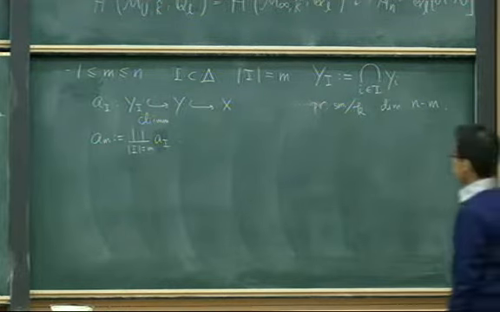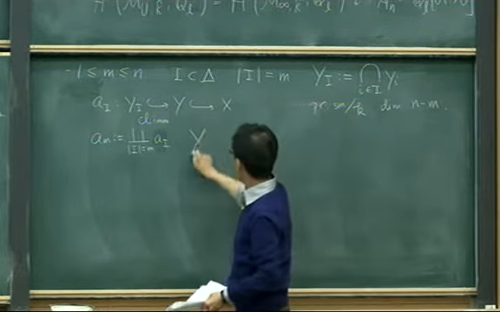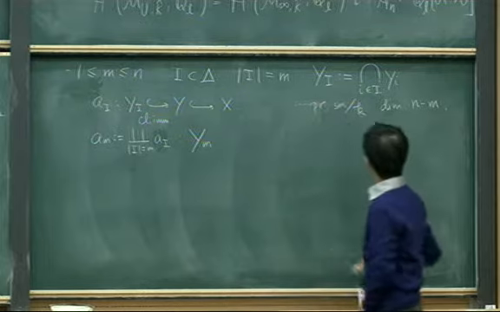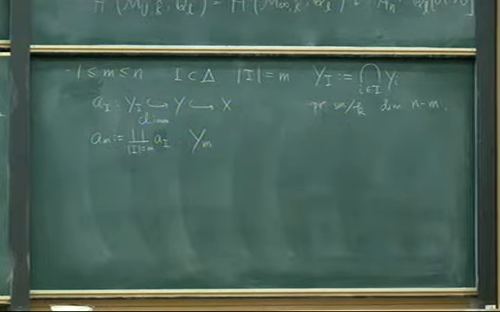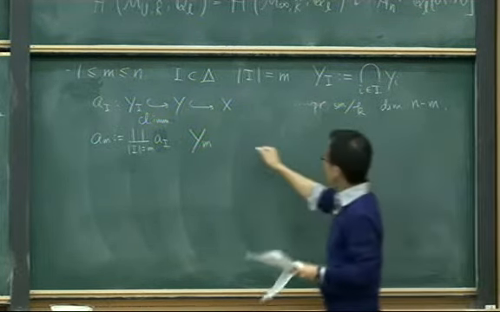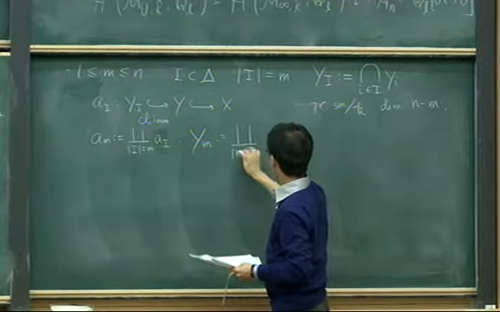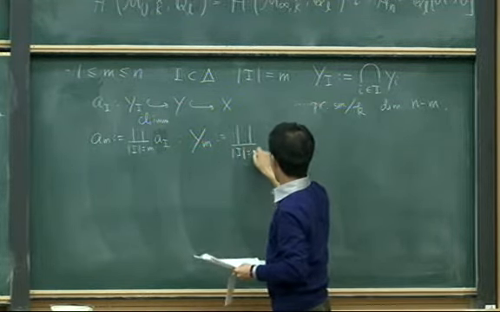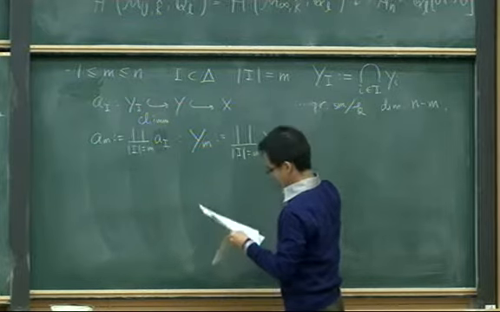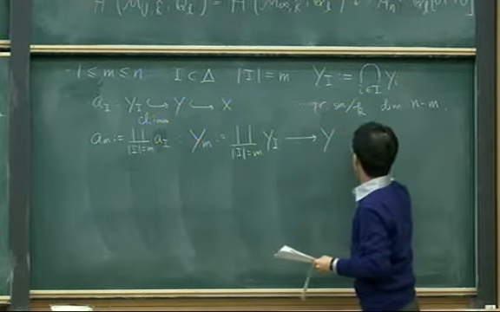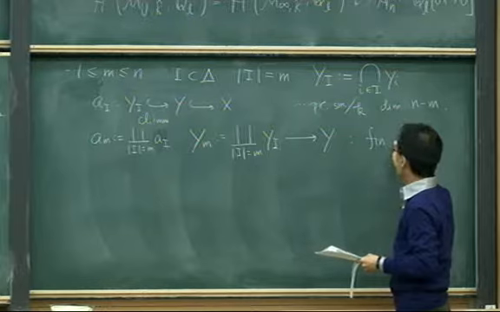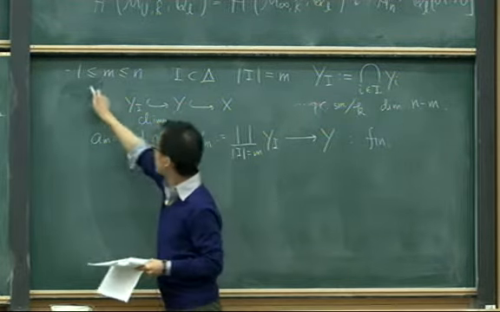I take the disjoint union of all these strata of codimension m, and call it Y_m. This is going to be a finite morphism. Okay.